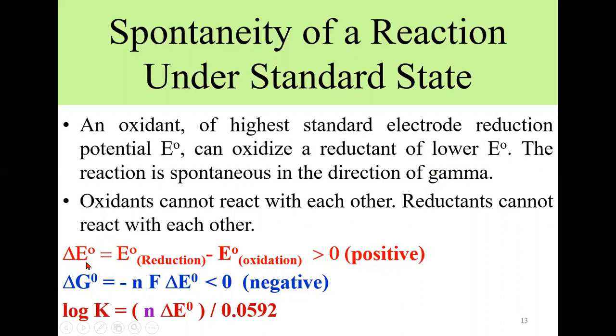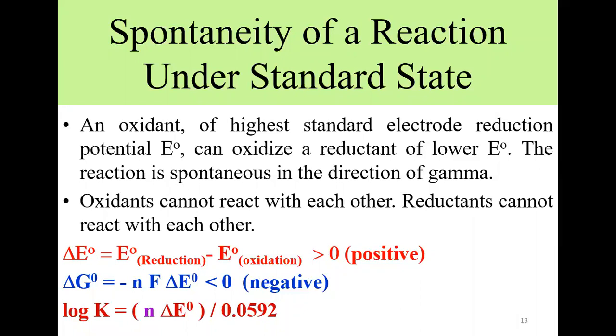We can always get the change in the potential of the reaction or the potential of the cell, depending on how they ask you the question. If we say potential of a reaction or potential of a cell, it means either they're in one pot or in separate pots. It doesn't really matter.